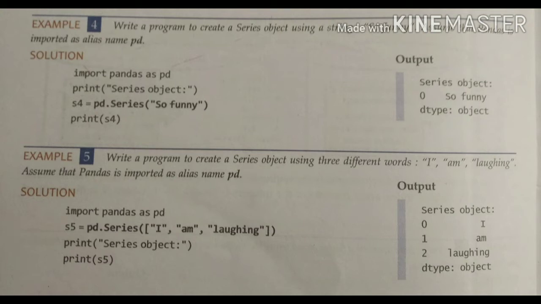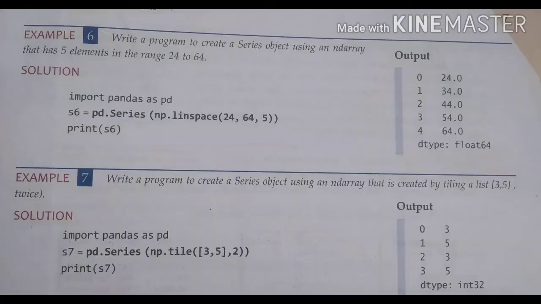So here we have "I am laughing" not as a sentence, but as 3 different words. And then we will write the print command to see the output. You can see the output, series and object. Here 0, 1, 2 are the different indexes. At index 0 the word is I, at 1 it is m, at 2 it is laughing. Since we are separating these 3 words by commas, they are 3 different words. Otherwise it can be a string also.